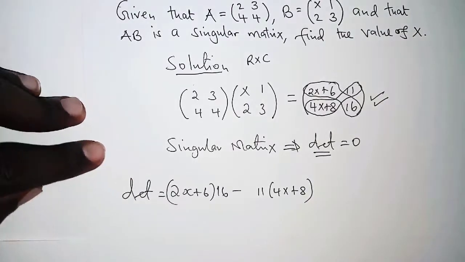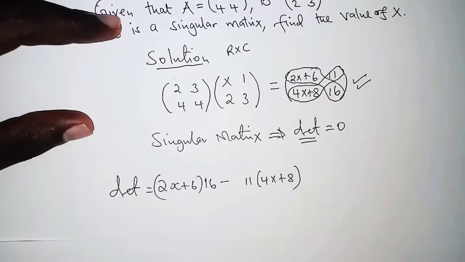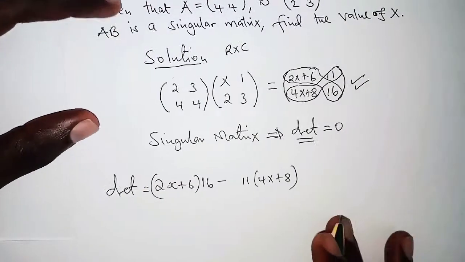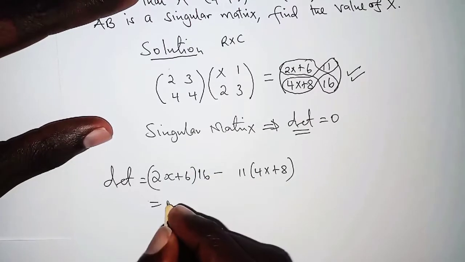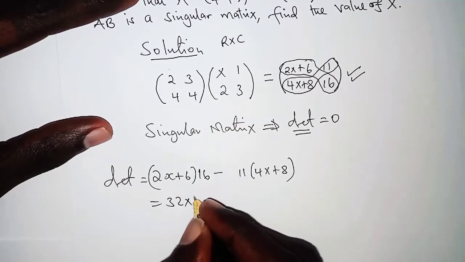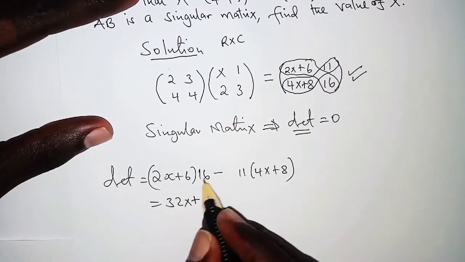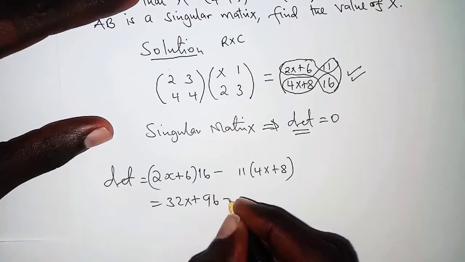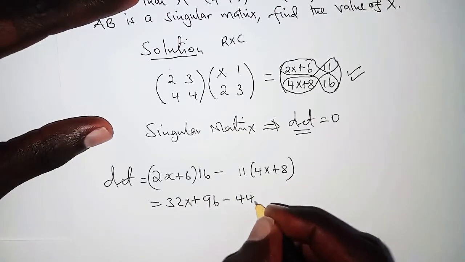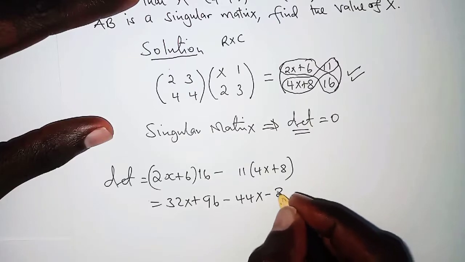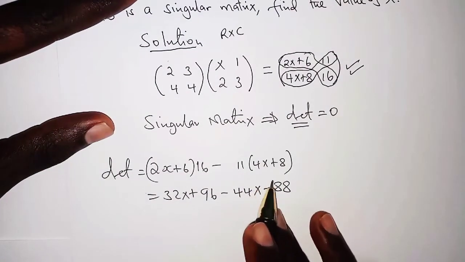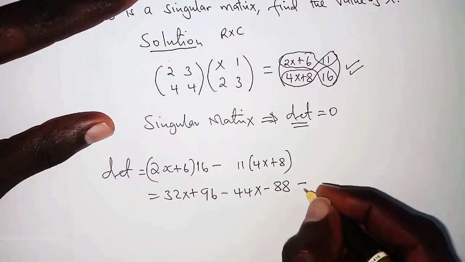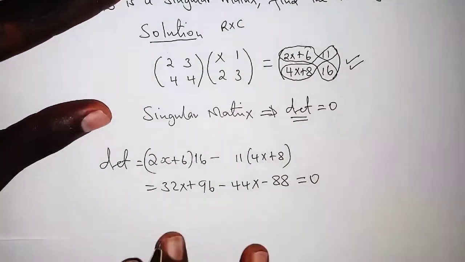At this point, we have 32x plus 96 minus 44x minus 88. Because it's a singular matrix, the determinant will be 0, so we equate this to 0.